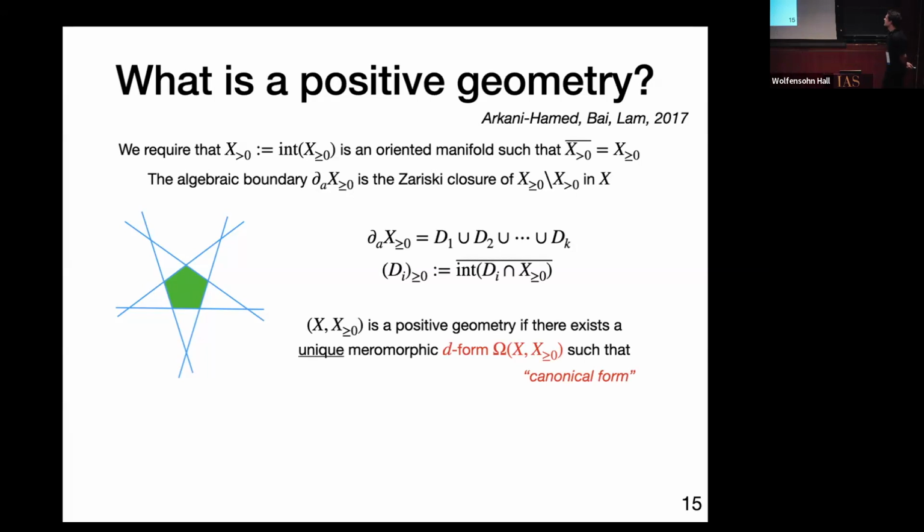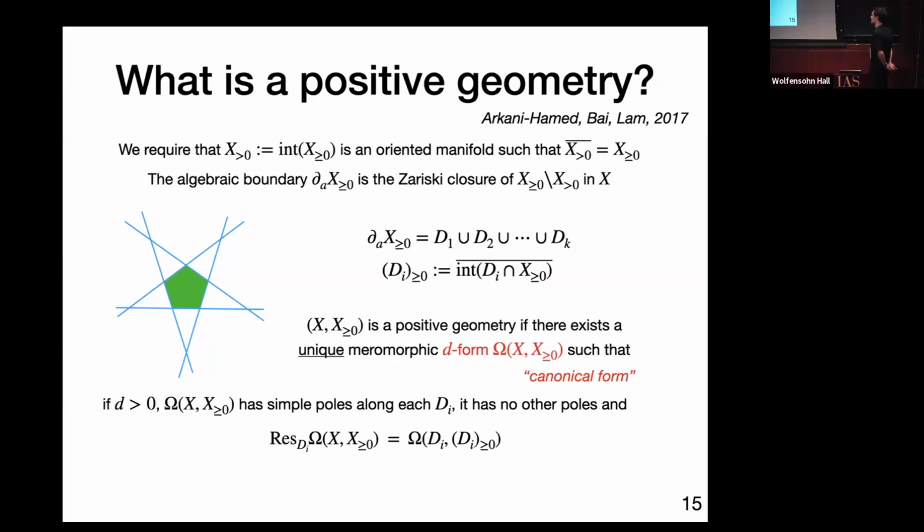The definition says that X non-negative is a positive geometry if there exists a unique meromorphic D-form, called the canonical form, such that it satisfies some recursive axioms. If X has positive dimension, then this form is required to have simple poles along each of the boundary divisors, and only there. There can be no other poles. This will be important.